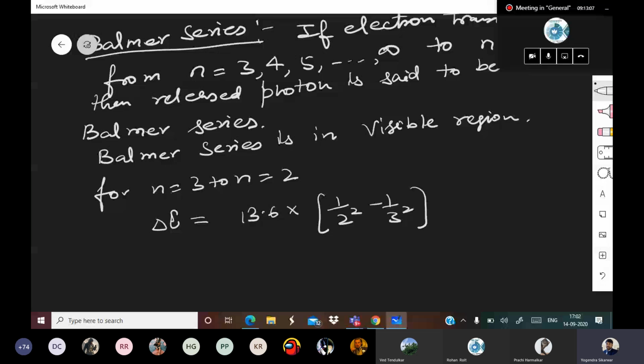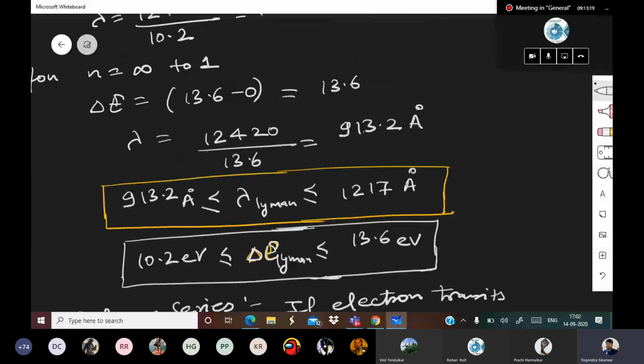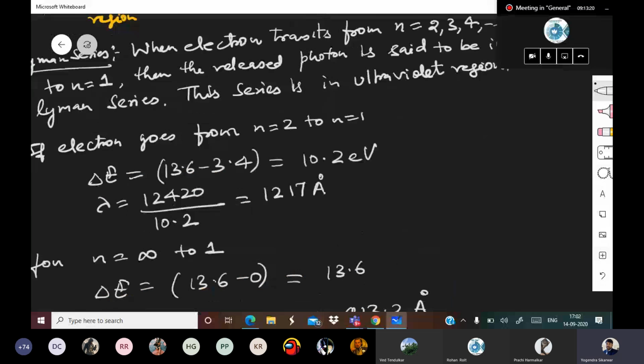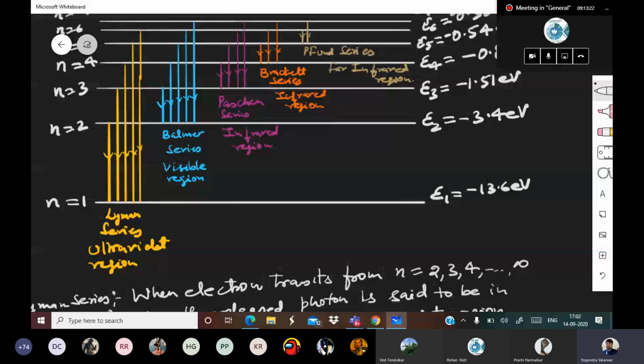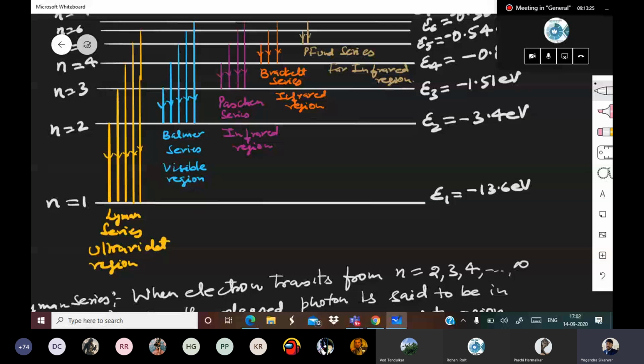Basically, you have to find the difference between these two. So 3.4 minus 1.51, how much is that?